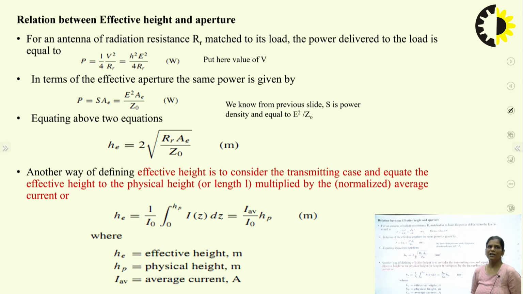Now we will discuss the relation between effective height and aperture. For an antenna, let the radiation resistance be RR, matched with its load.